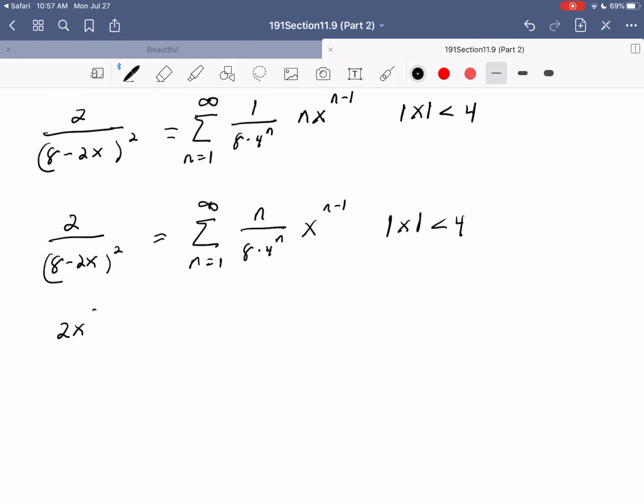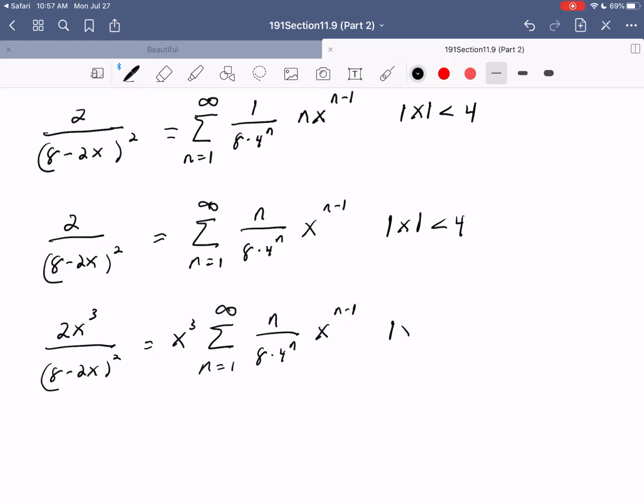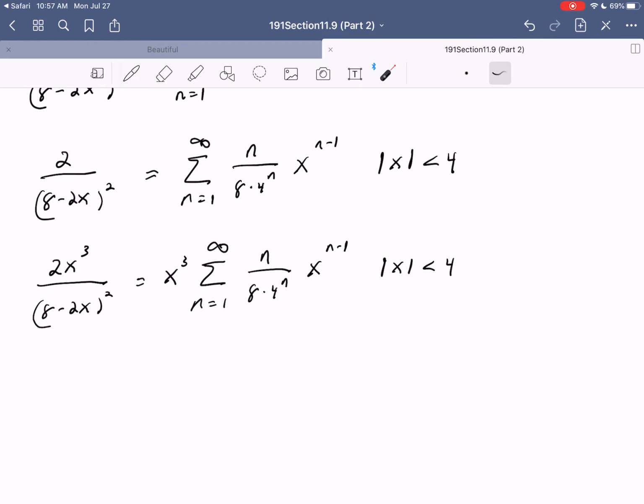So 2x cubed over 8 minus 2x squared should be the same as x cubed times the sum from n equals 1 to infinity, n over 8 times 4 to the n, x to the n minus 1, absolute value of x less than 4, because again, multiplying by a polynomial term with the same center has no impact on the radius of convergence.